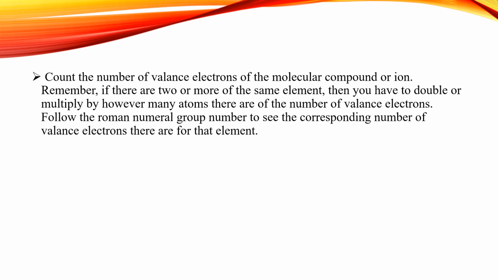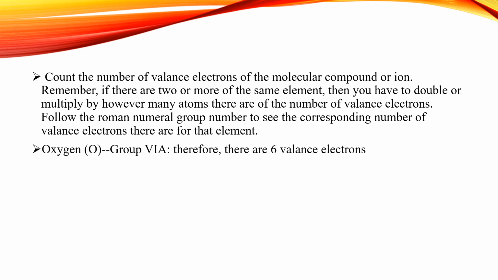So one thing you have to remember: if there are 2 or more of the same element, એક કરતા વધારે same elements હોય, then you have to multiply the number of valence electrons by however many atoms there are. તો તમારે એટમ્સ ને ડબલ ઓર મલ્ટીપ્લાય કરવા પડે. And follow the Roman numeral group number to see the corresponding number of valence electrons for that element.